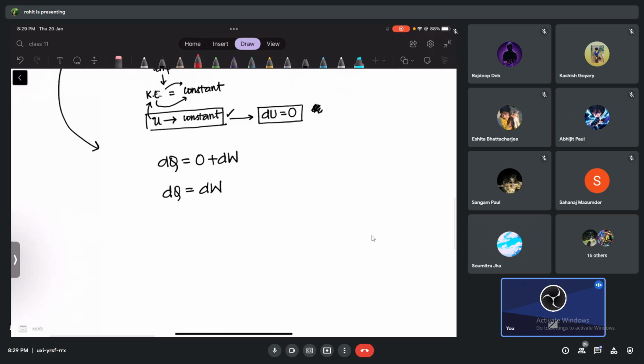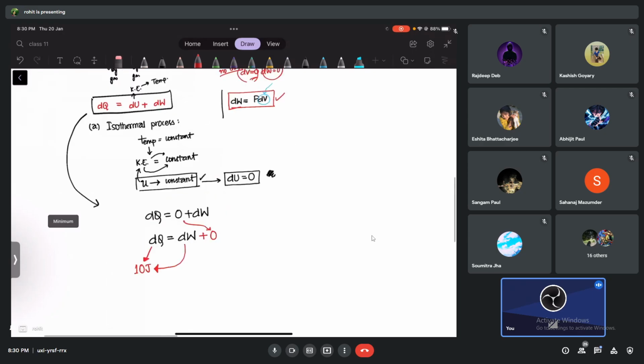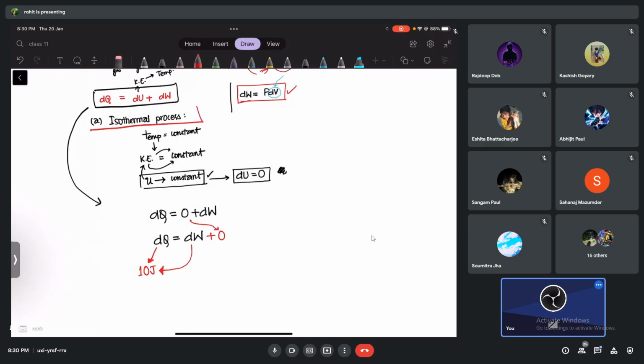Now look at this, it's very nice. It means if a gas gains 10 joules, then the gas will use all of the 10 joules. Will it increase its internal energy or use all of them to do work? All of them go to work, and there will be no increase in the internal energy of the gas. This happens in an isothermal process.